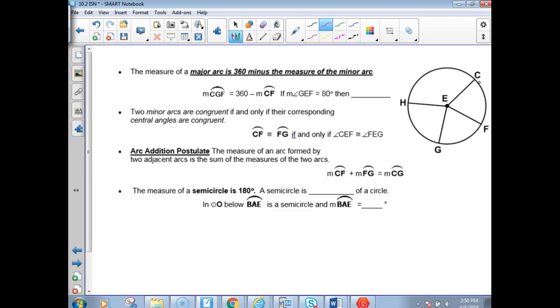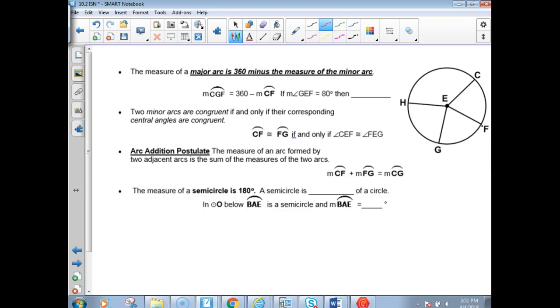So you go from C. You don't go through the G this way because you would have rammed into the F already. F's got to be last. So how I know which way to go is I start with C, the next letter is G, and the last letter is F. So I can't go past F before I hit G. So I have to go from C to G to F.